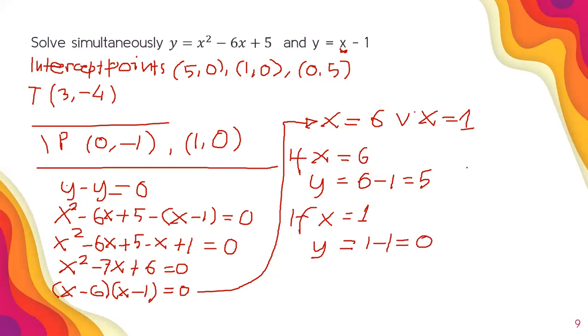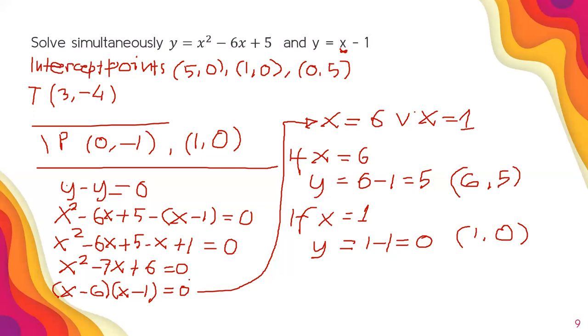So the intersection points (x, y) are (6, 5) and (1, 0), right?